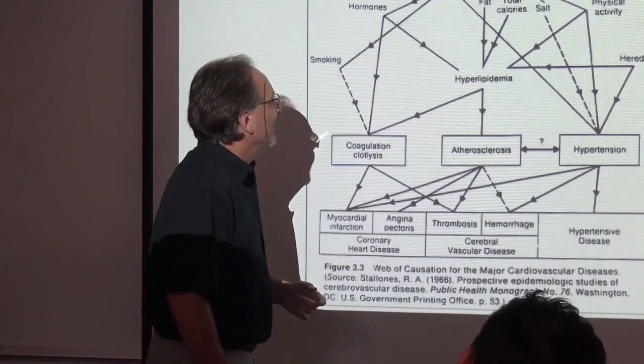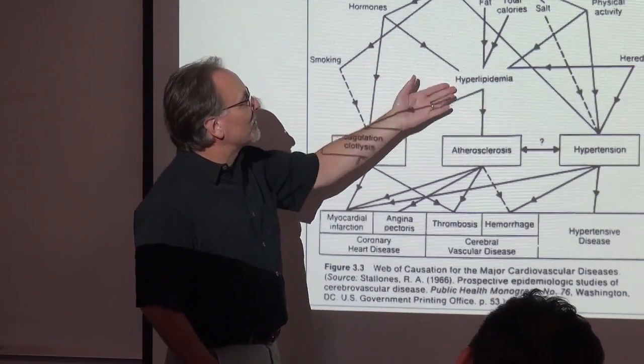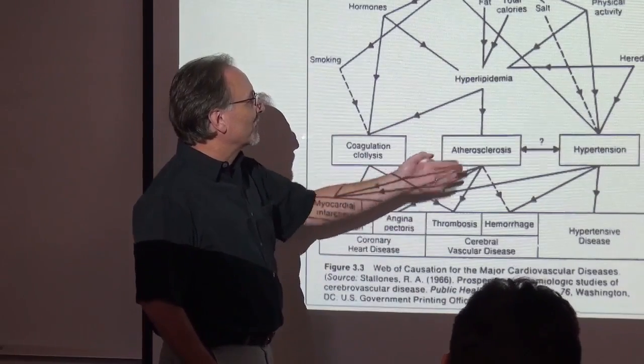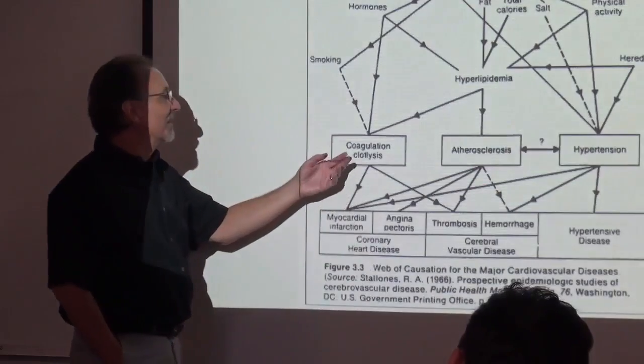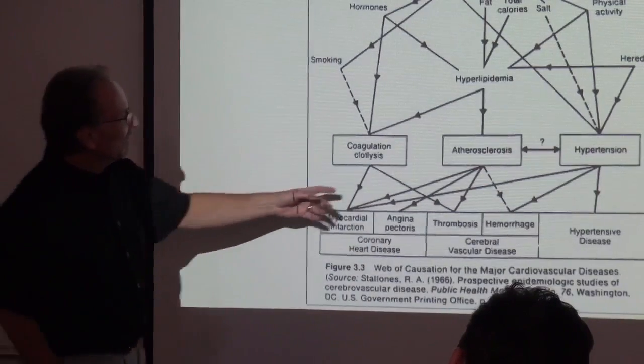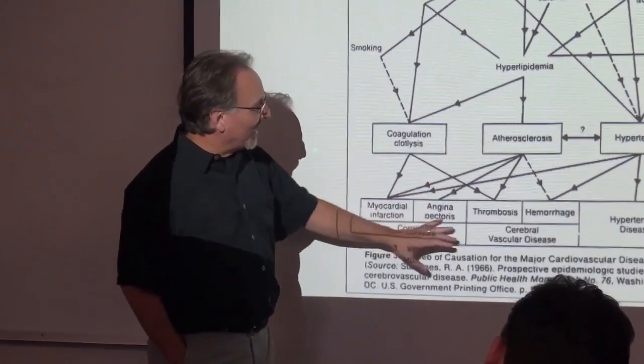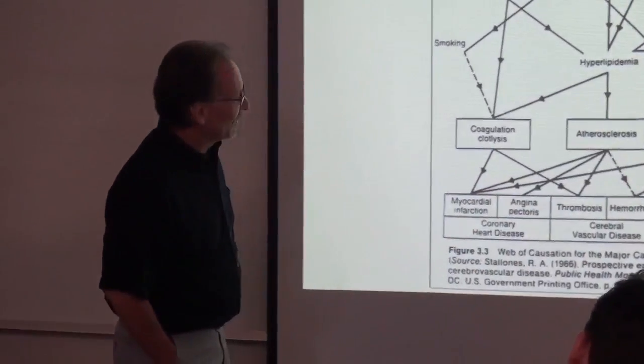All of that influences the amount of fat in our system, which influences atherosclerosis, which has a questionable relationship to hypertension, and then atherosclerosis has a relationship with a number of different cardiovascular diseases.